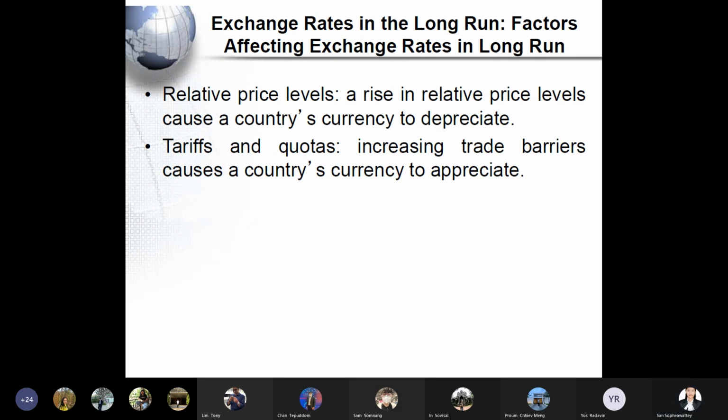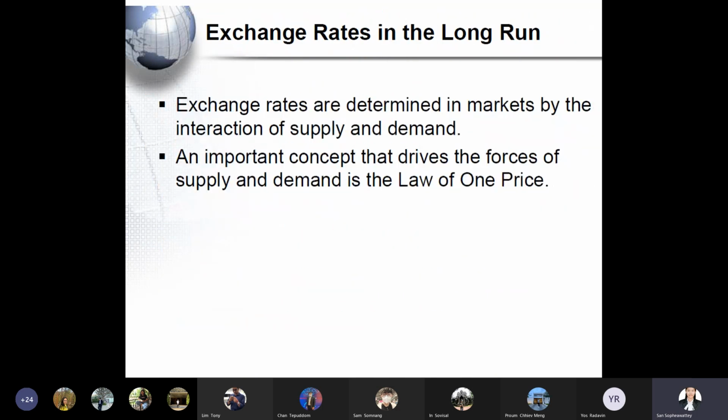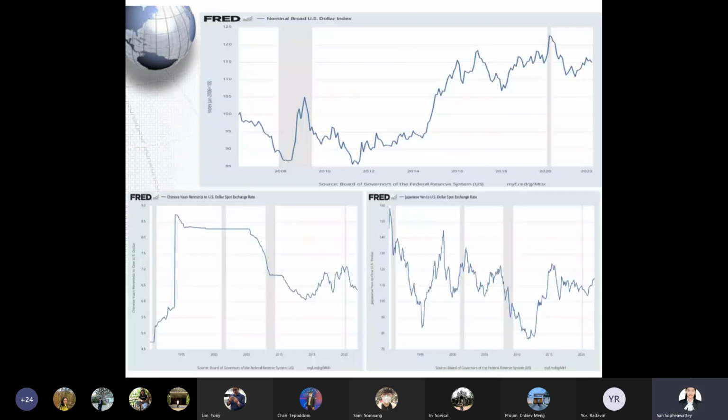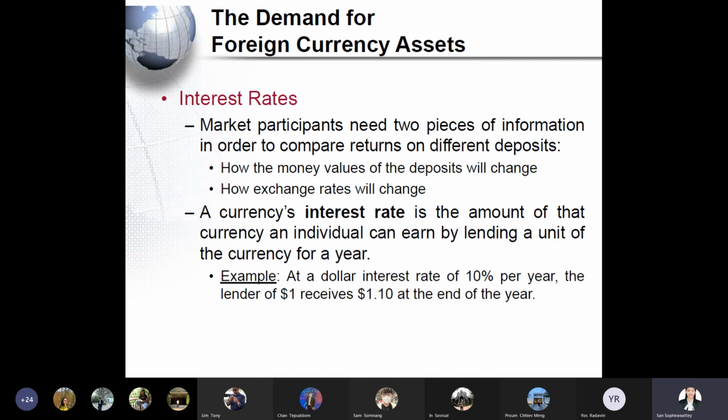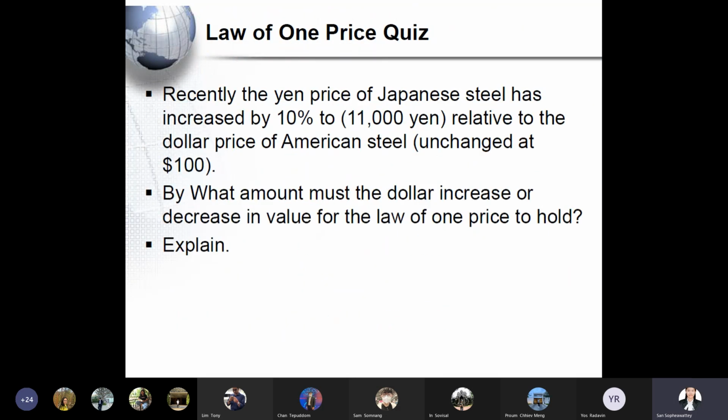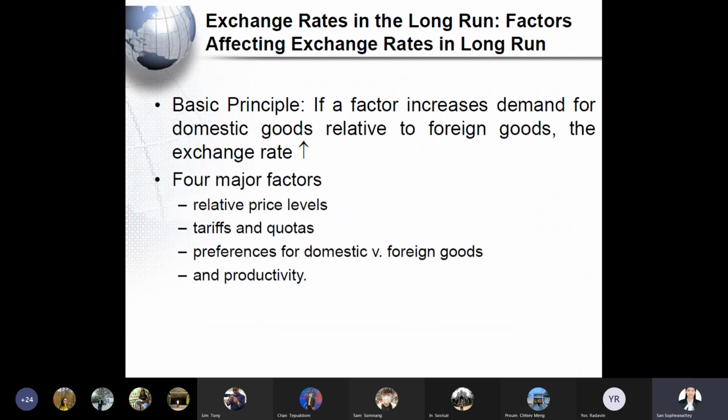And if you go back to the first graph that we saw, the US weighted currency against its trading partners, you can see over time the US dollar is increasing. The trend is increasing, or appreciating, against its trading partners, because from time to time, especially during the last 5 to 10 years, the US tends to impose a lot of trade barriers, especially on Chinese goods.